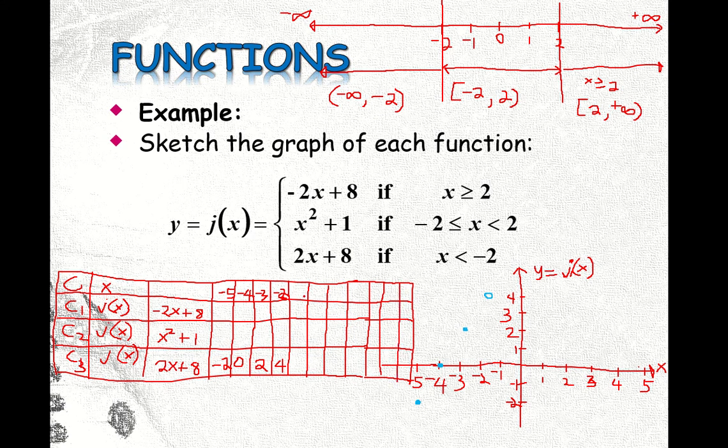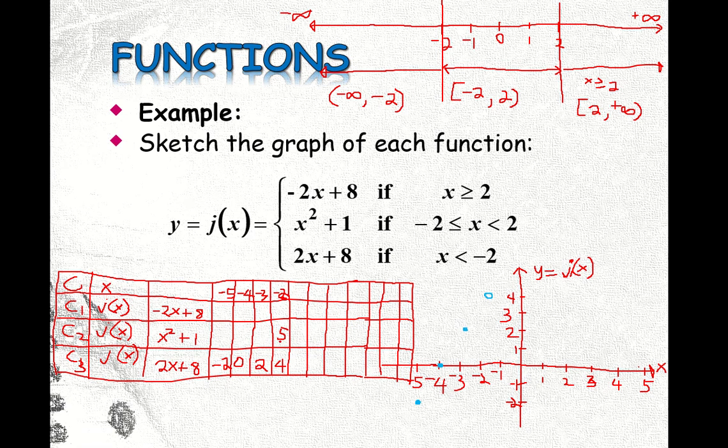Using the same value, minus 2, for condition number 2, we have x squared plus 1. When x equal to minus 2, squared is 4, plus 1, so for condition 2 this is 5.